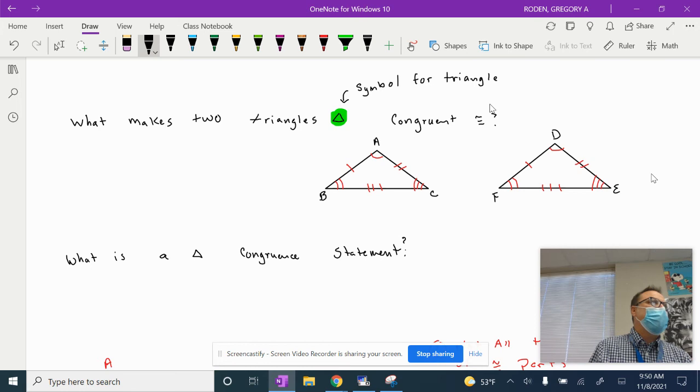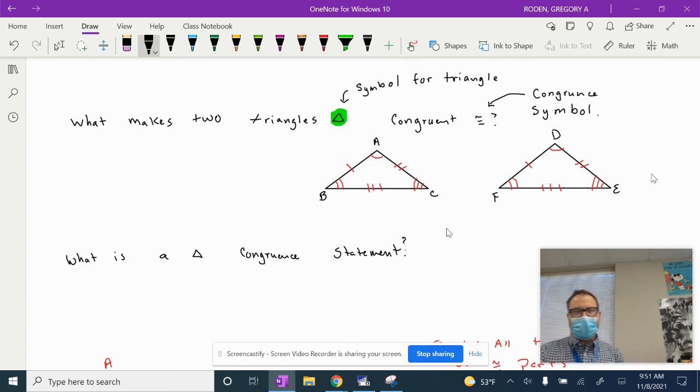Okay, and then I think we've talked about this. This is the symbol for congruence, right? Okay, so in geometry, we're highly symbolic. You guys with me on that? Okay, so as you can see, what I have here, ladies and gentlemen, is two triangles that are all marked up.